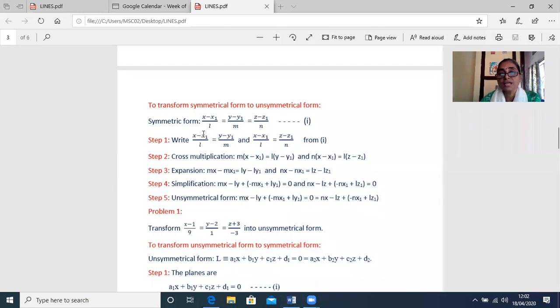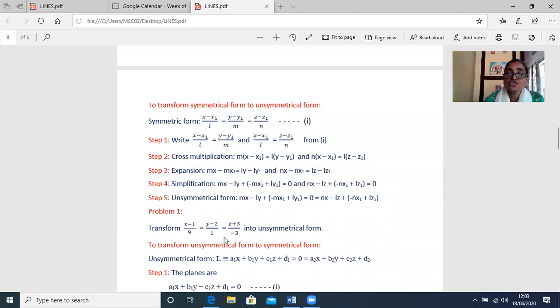Now the given line is in symmetric form. We transform that into unsymmetric form. Here I gave you one problem, girls. Please work this problem and see that you will get the unsymmetrical form. Now what you have to do is equate (x minus 1) by 9 to (y minus 2) by 1, from which you get one plane in x and y, and again you equate (x minus 1) by 9 to (z plus 3) by minus 3, from which you get one more plane in x and z.